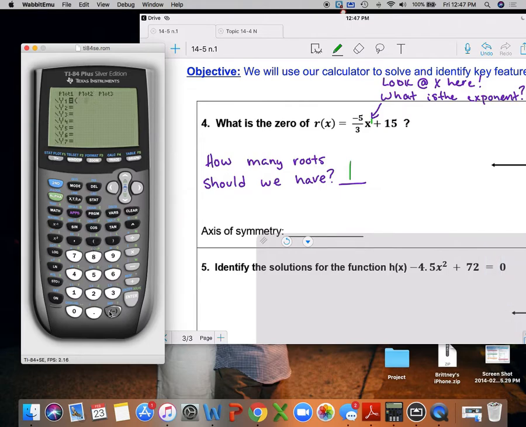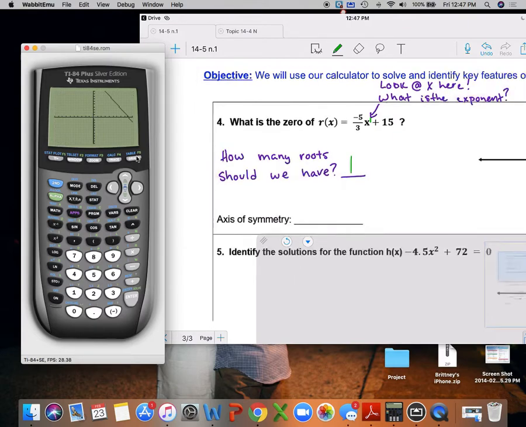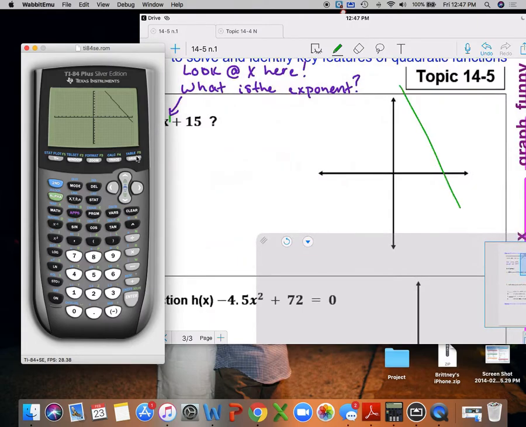So I have -5/3 x plus 15. I click graph, and I can see that this looks like a line. Remember, roots means where it crosses the x-axis.